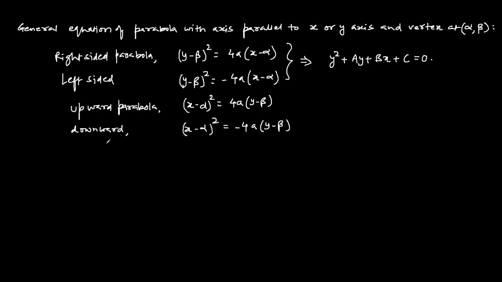And for upward and downward parabolas, the last two equations will always be in the form of x square plus ax plus by plus c equal to 0, where a, b and c are constants. So we will use this general form of the equation of a parabola to find the desired equation by calculating the coefficients a, b and c. We will see examples in the coming session.